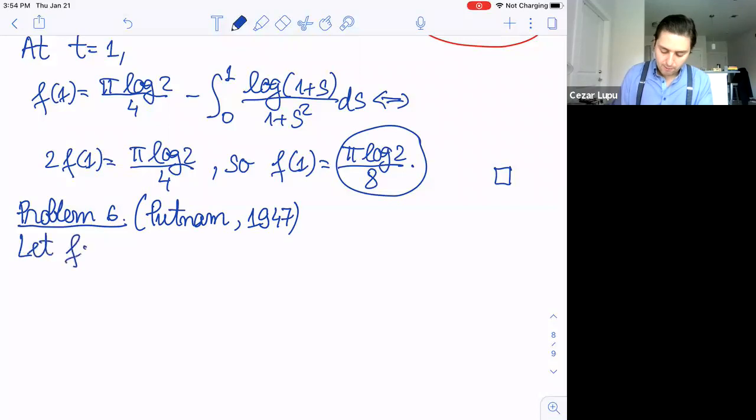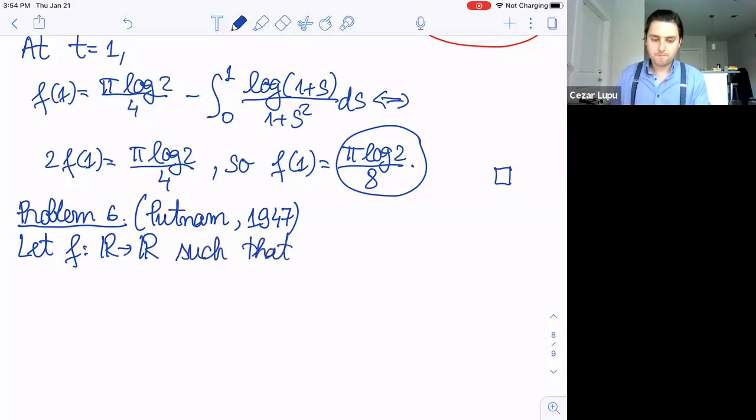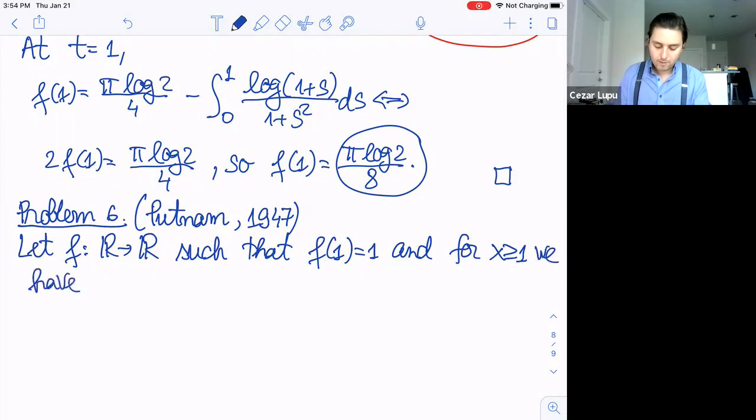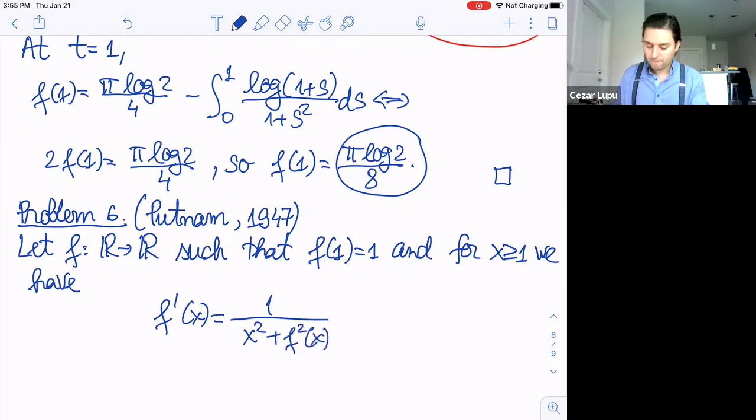Let f be real valued, defined on R, and differentiable, such that f of 1 equals 1, and for x greater or equal than 1, we have that f prime of x is more like a differential equation: 1 over x squared plus f squared of x.